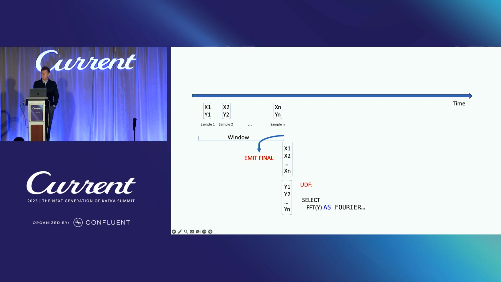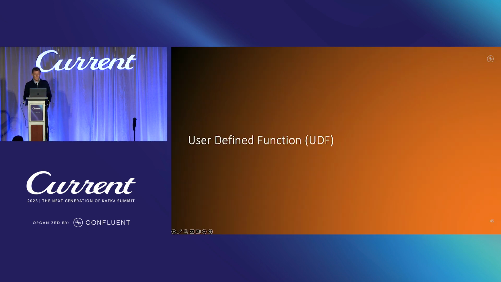So you can just go select FFT, the name of your user-defined function, and you pass the array, your collection list Y, and you'll get a result, the Fourier transformation.